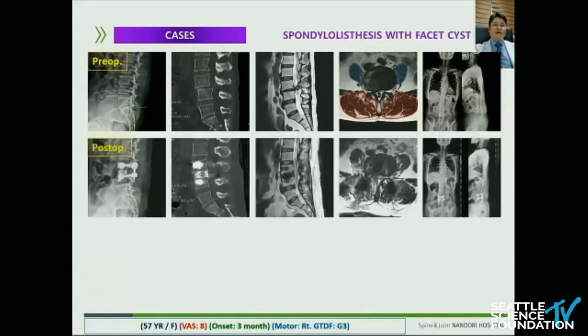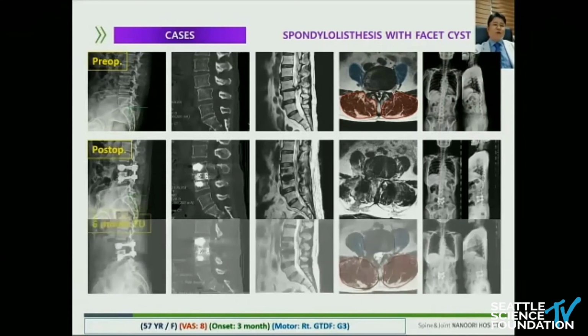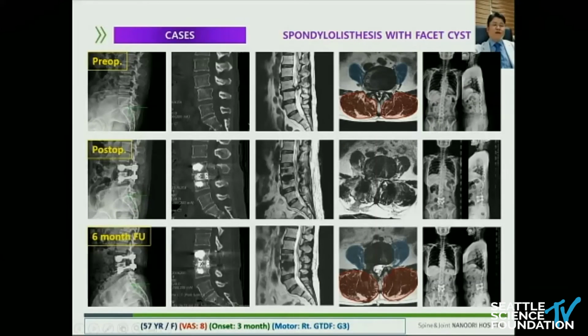This patient was a 57-year-old male who complained of severe right lower extremity pain. The pain was remarkably improved through uniportal full endoscopic TLIF, and the fusion was very successful at 1-year follow-up. And it can be confirmed that paraspinal muscle atrophy, including the psoas muscle, has sufficiently recovered.